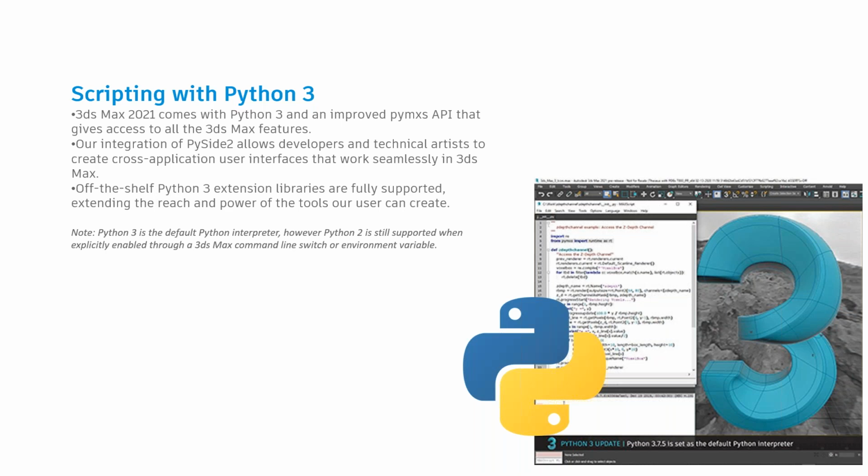With 3ds Max 2021, Python 3 support is improved, and the API gives access to all the 3ds Max features. But that doesn't mean that Python 2 is not supported. We still have the Python 2 support enabled for the 3ds Max command line environment.